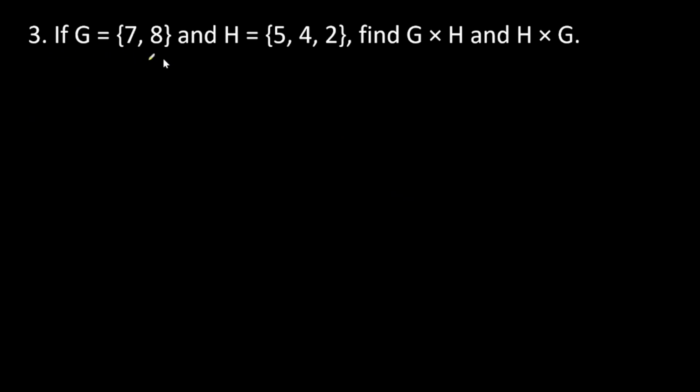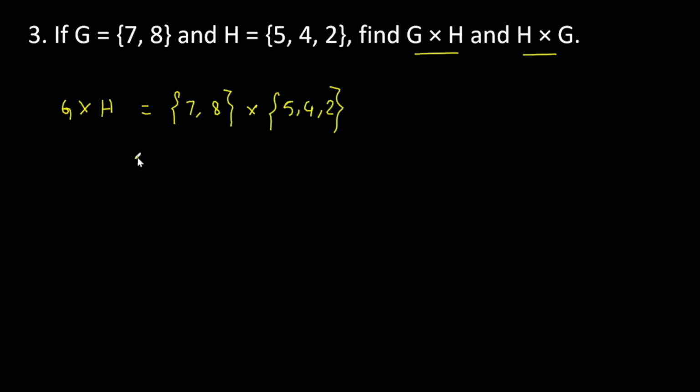Next question, question 3. If G = {7, 8} and H = {5, 4, 2}, find G cross H and H cross G. We know how to find the Cartesian product. First we will find G cross H. G is 7, 8, and H is 5, 4, 2. Now we'll find their cross product.